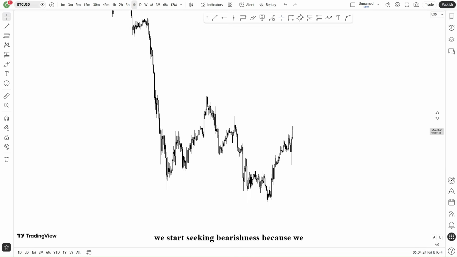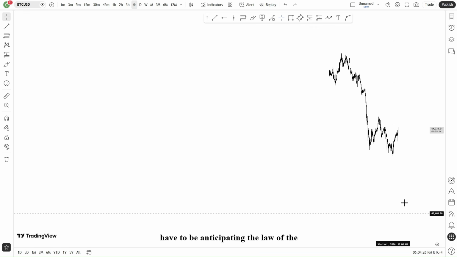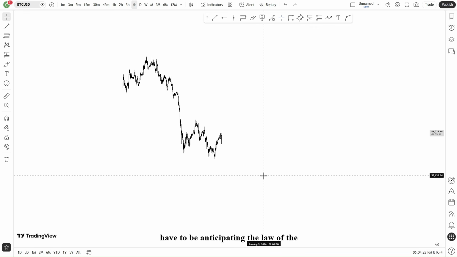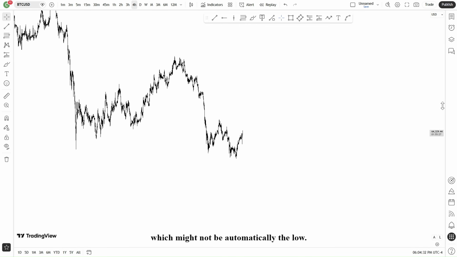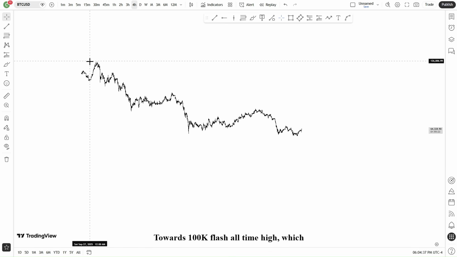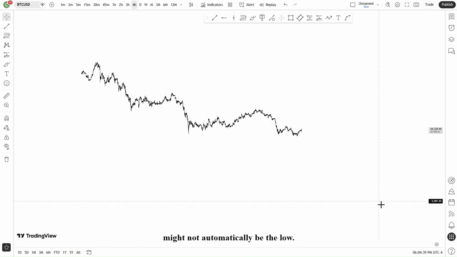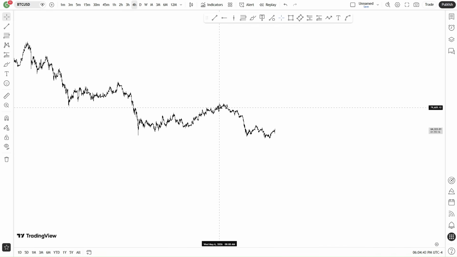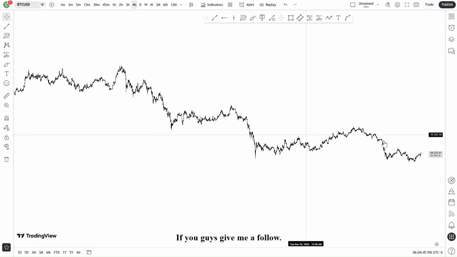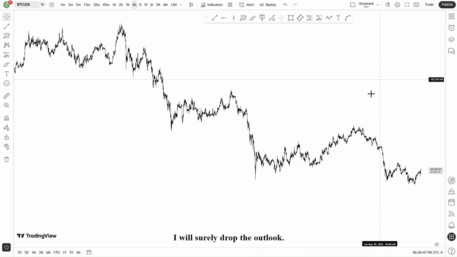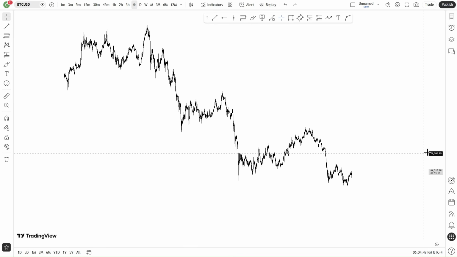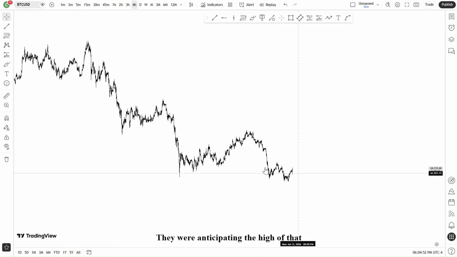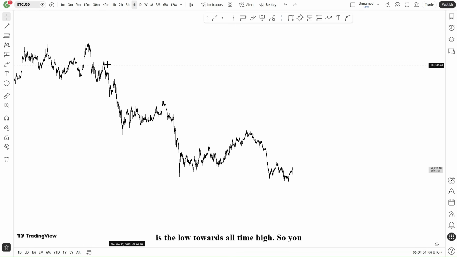Then before we start seeking bearishness, because we have to be anticipating the low of the year very soon on BTC, which might not automatically be the low towards 100k slash all time high. But definitely, if you give me a follow, I will surely drop the outlook where we're anticipating the low towards all time high.